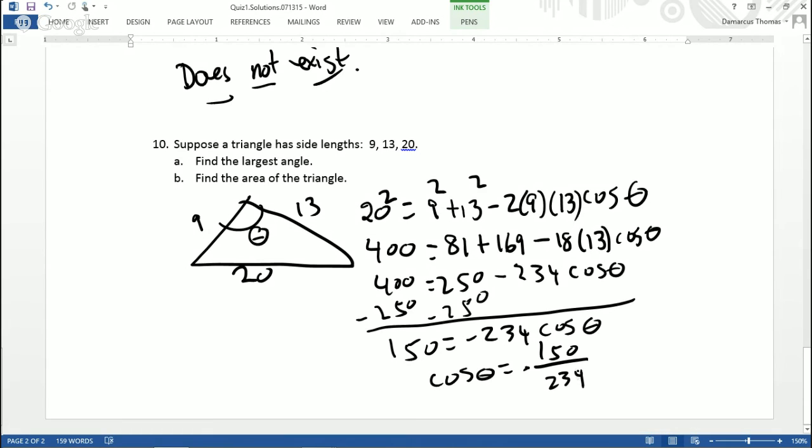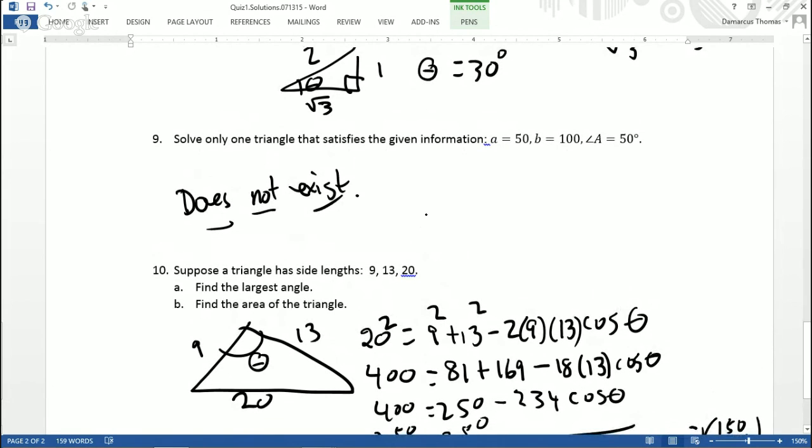In order to find theta, I take the cosine inverse of both sides, so theta is equal to the cosine inverse of negative 150 over 234. I can compute that easily: negative 150 divided by 234. I got theta to be 129.87. The only thing left to do is find the area of the triangle.